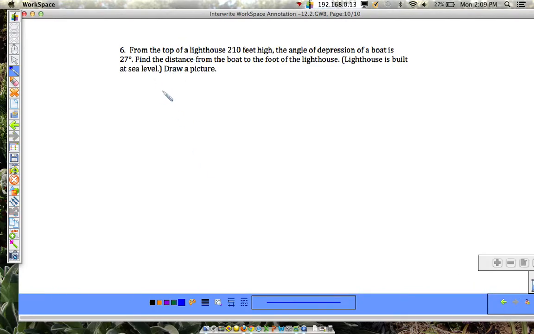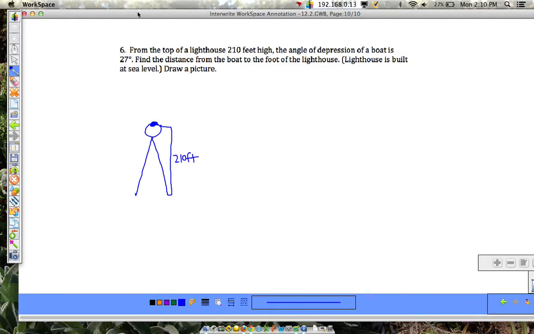From the top of a lighthouse, 210 feet tall. So here's my lighthouse. Beautiful. So this is 210 feet tall. The angle of depression of a boat is 27 degrees. So here you're standing right at the top.